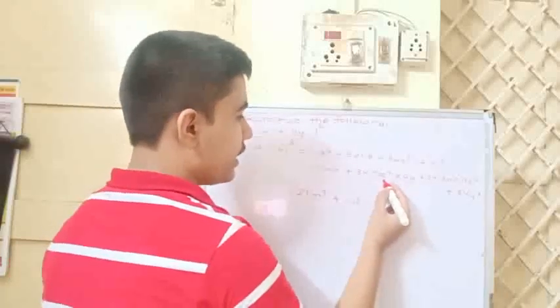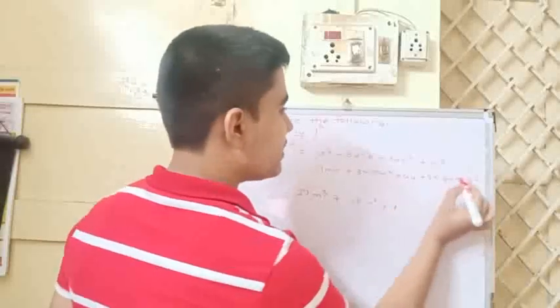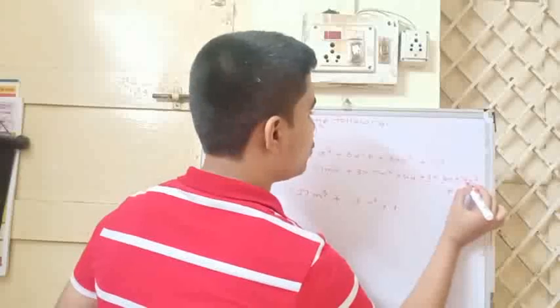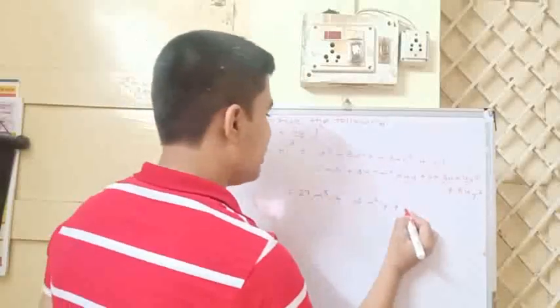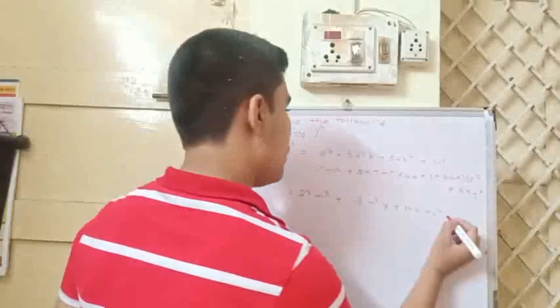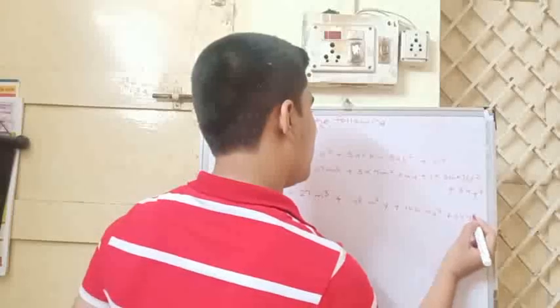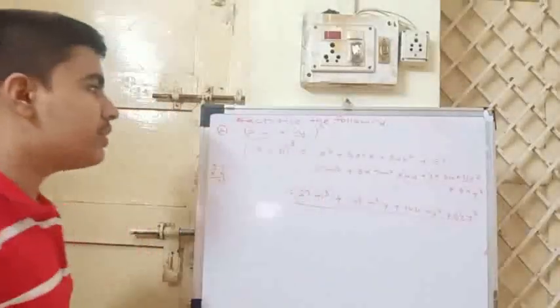So 108, here is m square y, plus 3 into 3 into 16, it is 9 16s are 144, m y square plus 64y cube. Now here there is no common term, so it is your final answer.